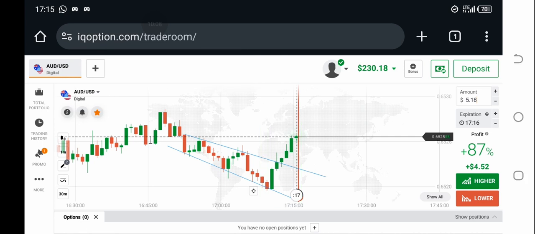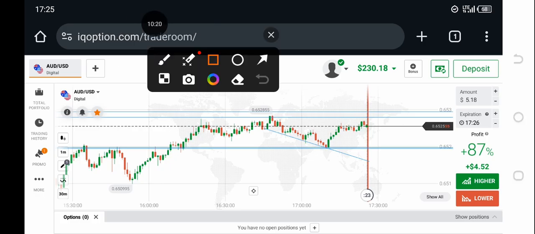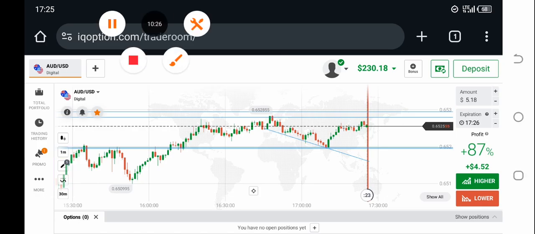Going back to the previous chart. So you can see the chart here. It's exactly what happened. The overall trend is a downtrend. This is our area.